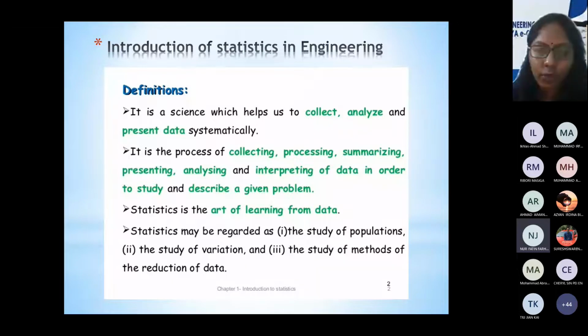It's not A equals B. Y equals MX plus C is your linear relationship. But if Y equals M1x1 plus M2x squared, that is a quadratic relationship.